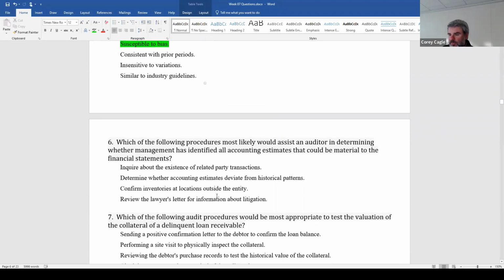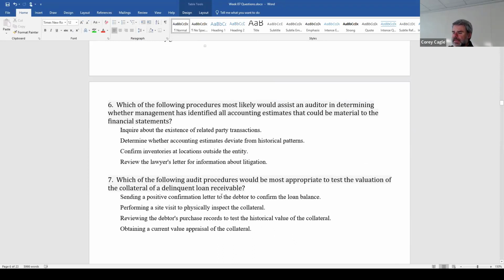Number 6 takes a little bit of thinking, and we're not quite ready for it because we haven't learned about lawyer letters at this point, but that's the way it goes. 6 says, which of the following procedures most likely would assist an auditor in determining whether management has identified all accounting estimates that could be material to the financial statements?